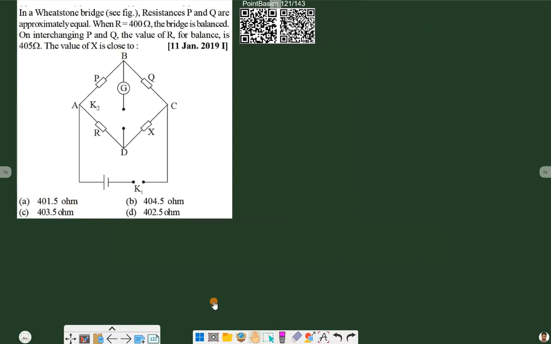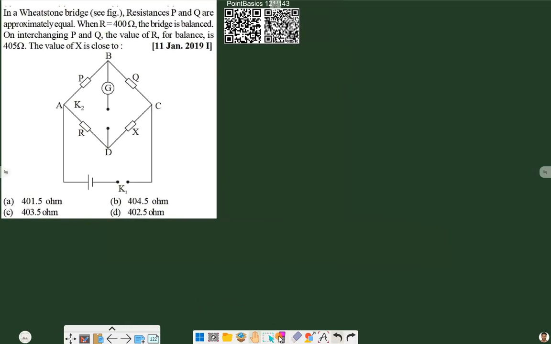As per the conditions for this question, P is approximately equal to Q. This is what we have been given. And for the balance condition in this scenario, we will have P by R equal to Q by X. The bridge is balanced when R is 400 ohm, so the value of R is given as 400.